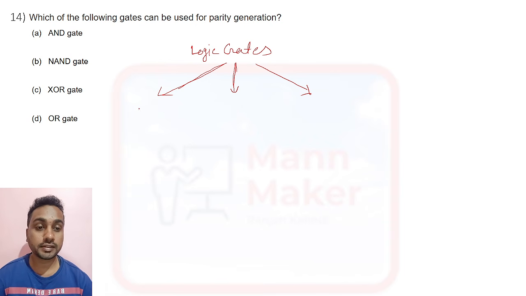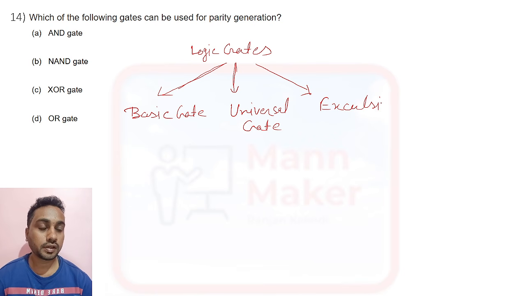The three types of logic gates are: basic gates, universal gates, and exclusive gates.